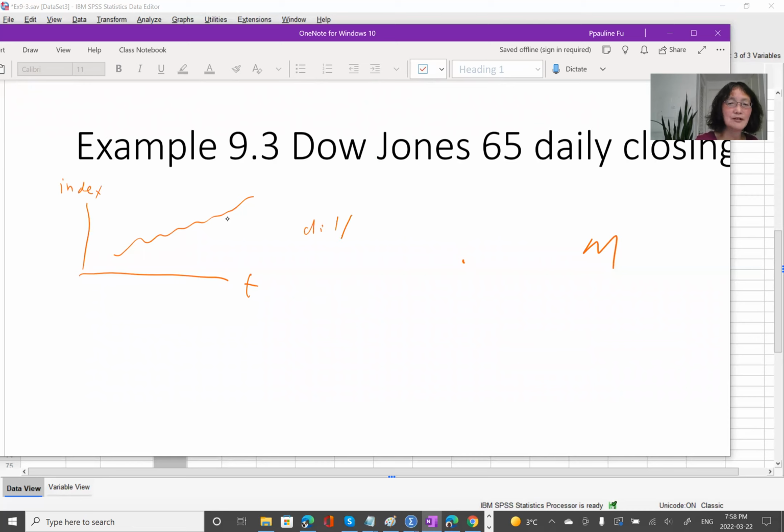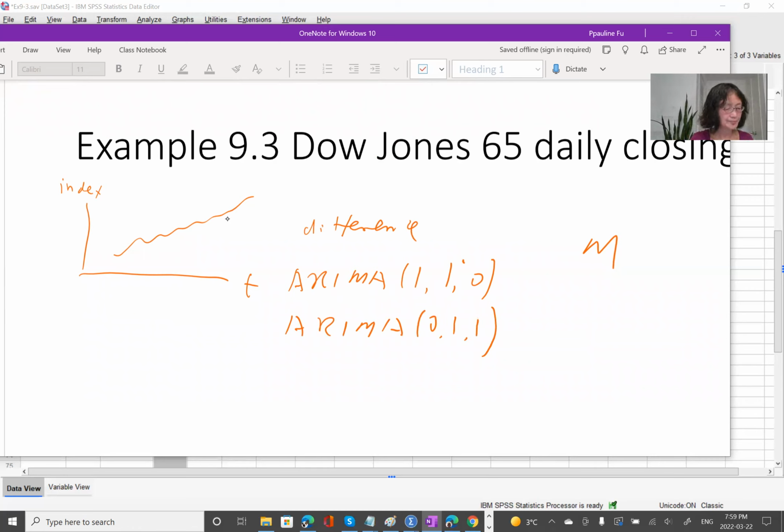We propose difference. So we proposed first of all ARIMA 110. Then we propose ARIMA 011. 2 models for this example. Any questions?